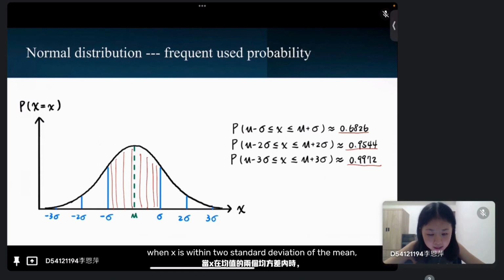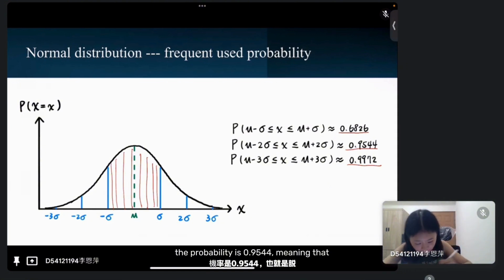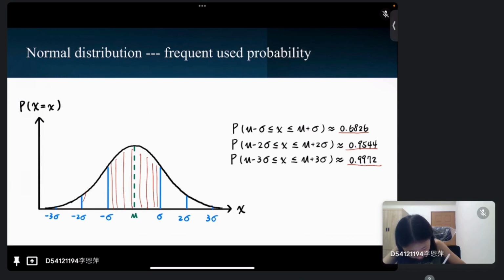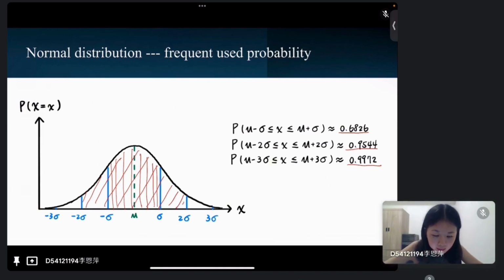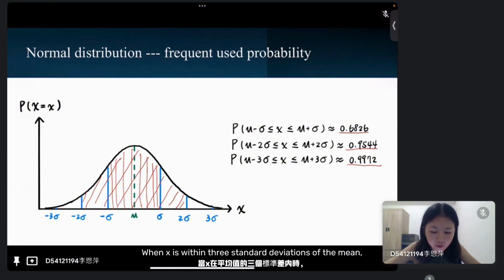Similarly, when x is within two standard deviations of the mean, the probability is 0.9544, meaning that the area within this interval is 0.9544.